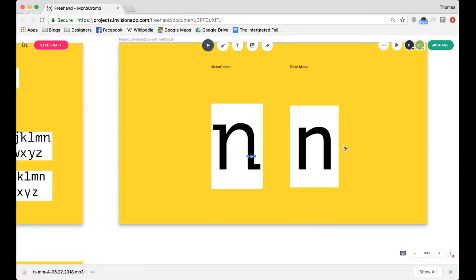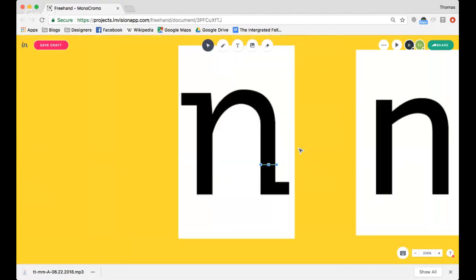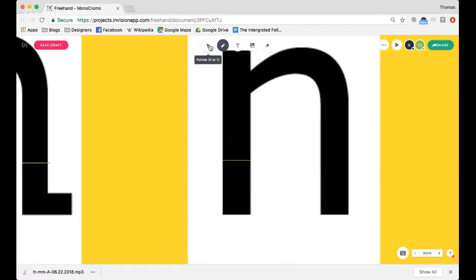Okay, so across the board, the system has been to reduce the weight on the right side. Let us verify that's the case for Drive Mono as well. Nope.